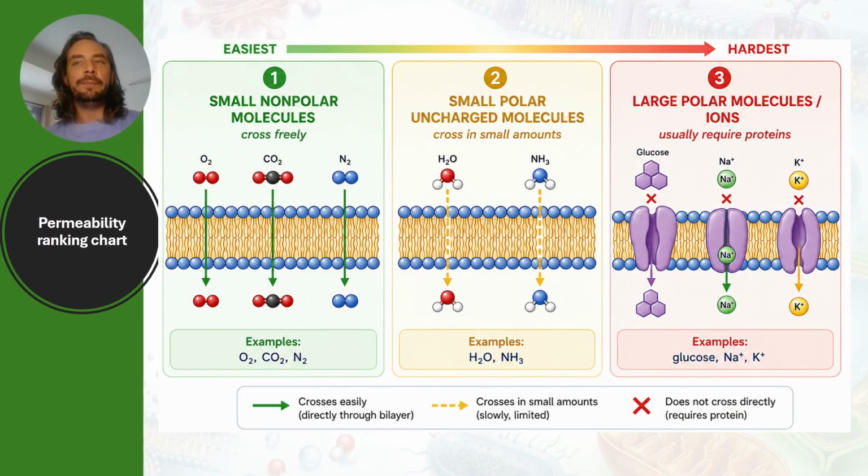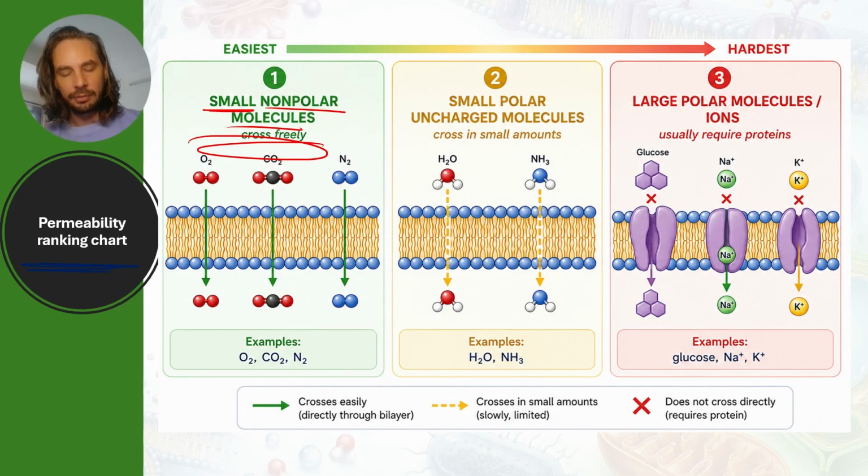If we look at the permeability ranking chart, if you are a small non-polar molecule, you cross freely. You have no trouble passing the cell membrane because you are non-polar and you don't interact with this non-polar layer.